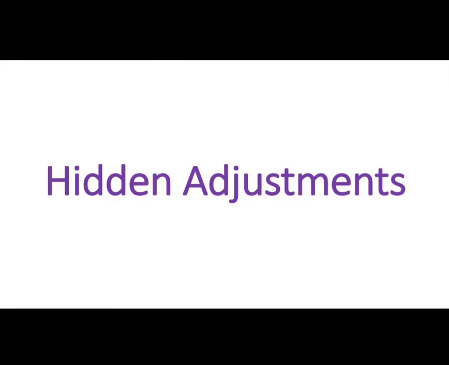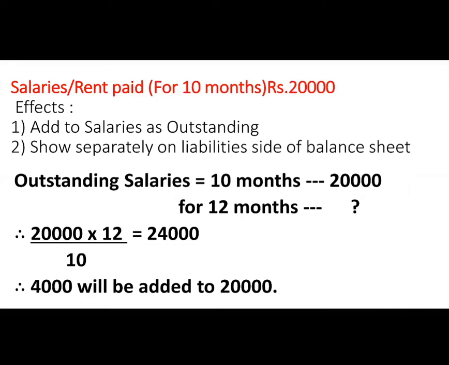So what are these hidden adjustments that we are going to study today? One by one we will see all of them. The very first one is salaries or rent paid. In brackets you will see, for 10 months, rupees 20,000. If in the trial balance it is given salaries, and in the bracket it is mentioned for 10 months, then it is a hidden adjustment where you have to do some calculation to get your correct answer.